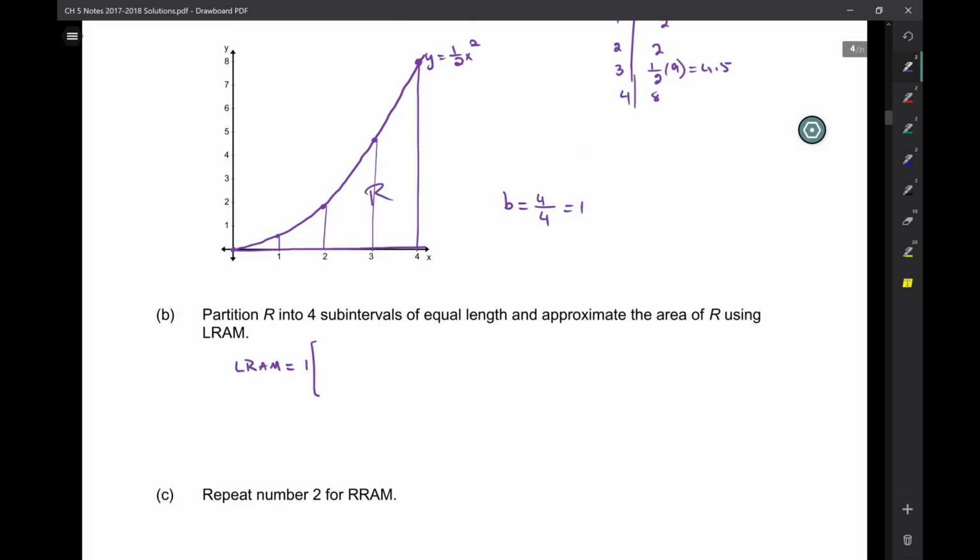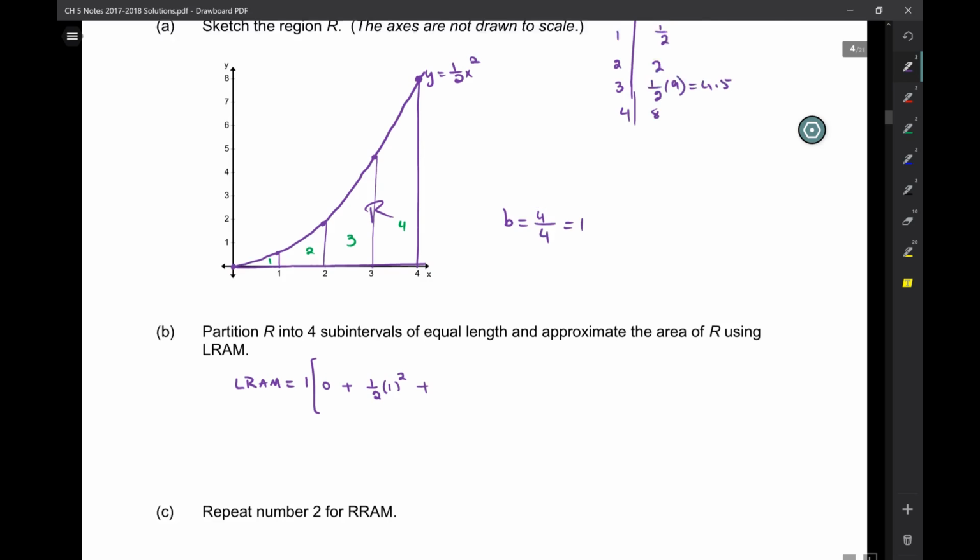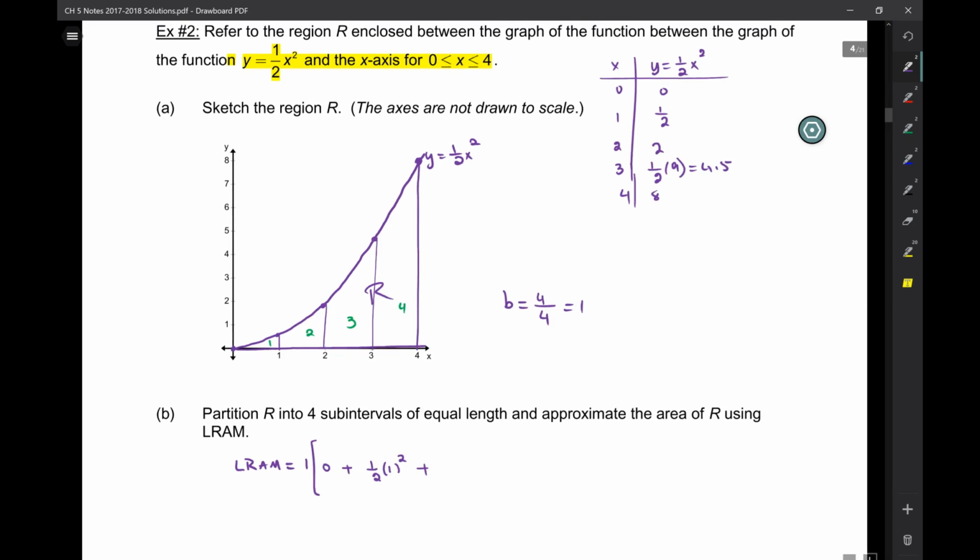So now look, this is rectangle 1, 2, 3, 4. If we're doing left RAM, for the second rectangle, it's going to be half of 1 squared, right?